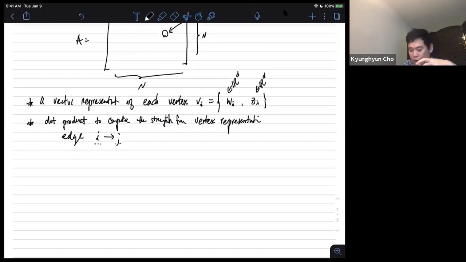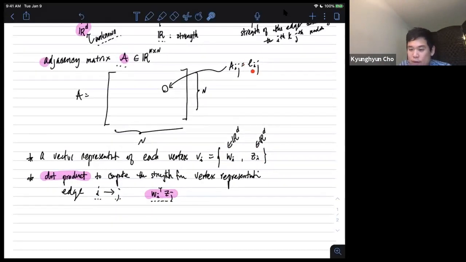The strength should be computable or predictable by using wi transpose zj. So this is what I mean by using dot product. We look at the w vector of the outgoing vertex and the z vector of the incoming vertex, and their dot product should be predictive of the strength of the directed edge.